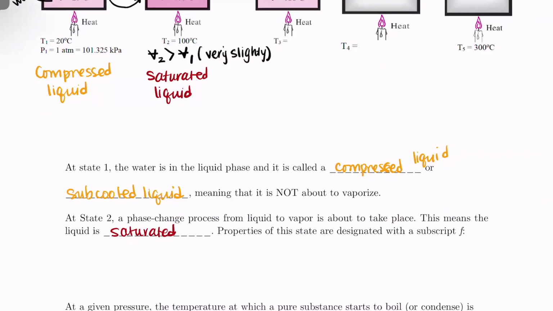All right. So we will use things like the specific volume of that saturated liquid is vf, the internal energy is uf, enthalpy is hf, and then entropy is sf.